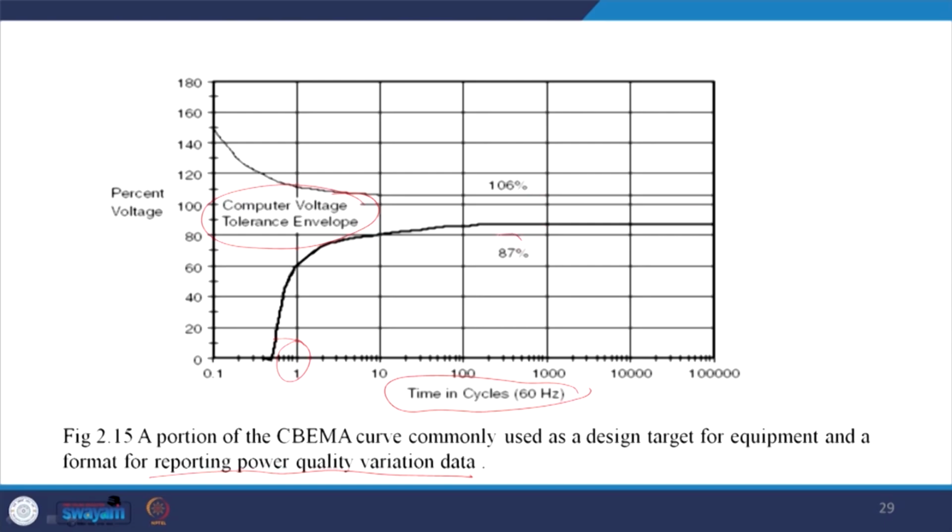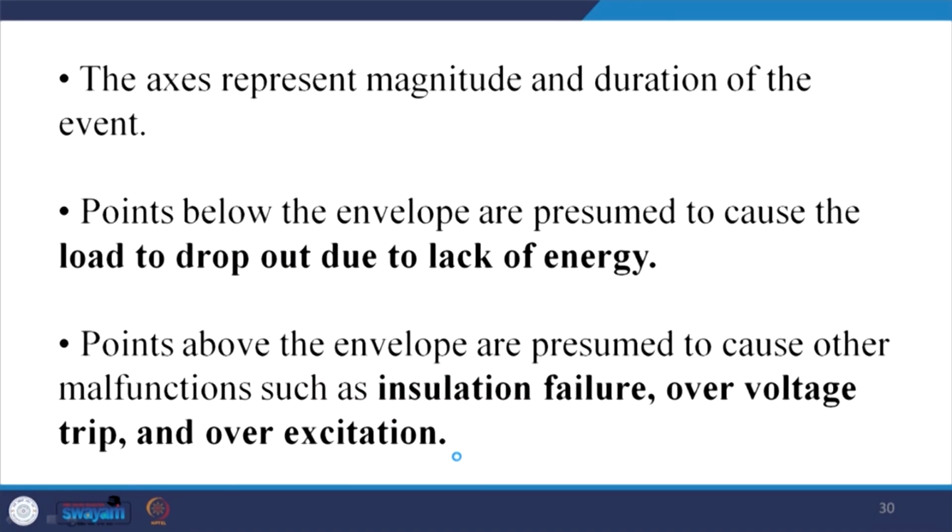So, you have to maintain around 87% of the voltage or 6% high voltage for the manufacturing of these computer devices. This kind of data is given to the utility, and the utility is required to maintain this amount of voltage precision in the output.